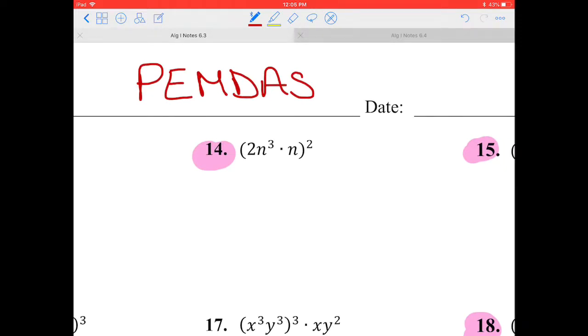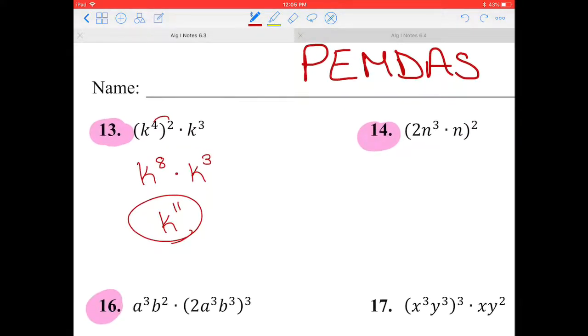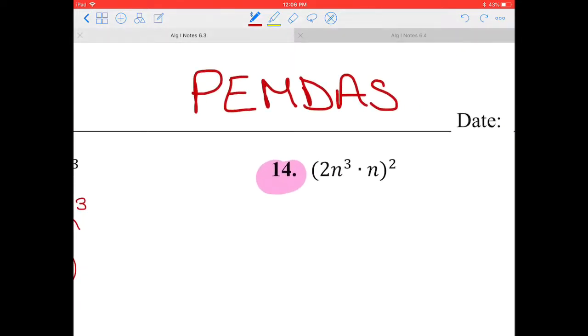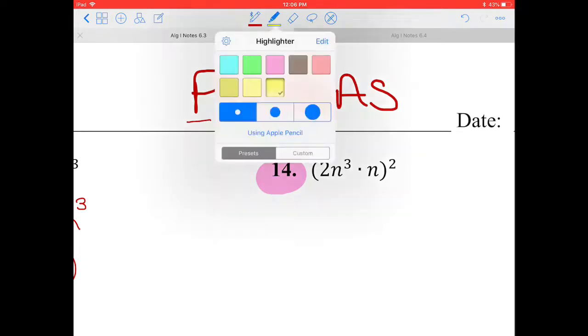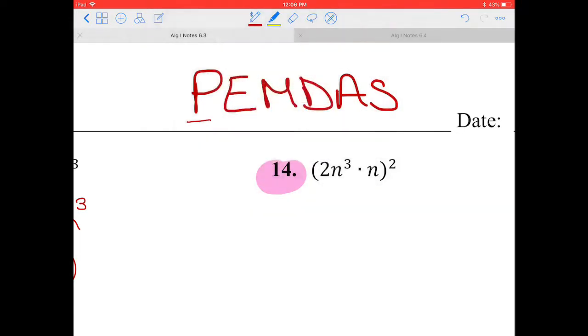All right, guys. Number 14. This problem also has product and power property. Both are happening here. The difference between this one and number 13 is that the multiplication is inside of the parentheses. So in this problem, we're actually going to multiply first, because if you look at PEMDAS, the first thing to do is whatever's inside parentheses. Inside here, we have 2 times 1, which is just 2.